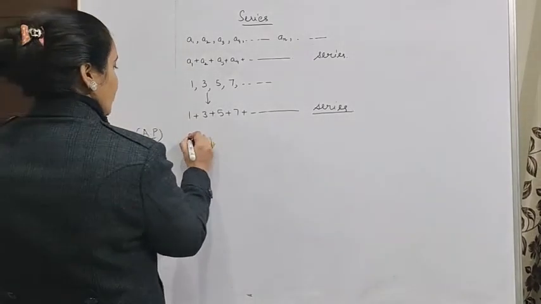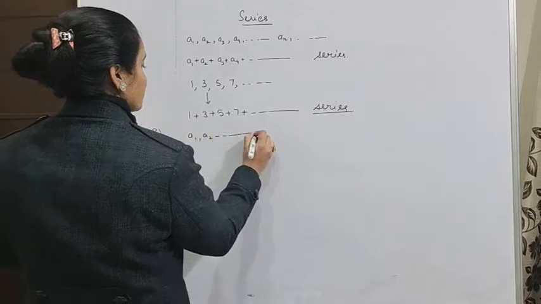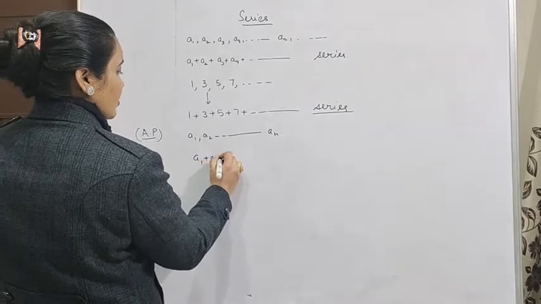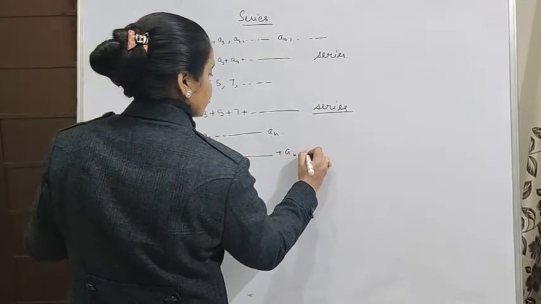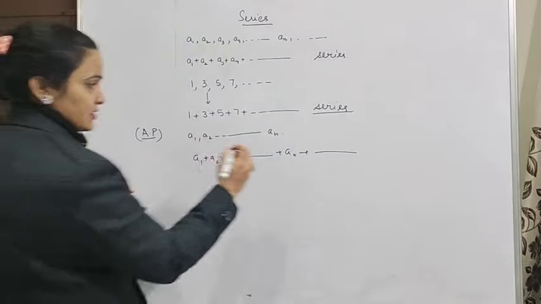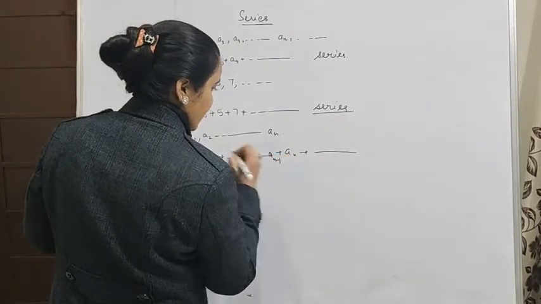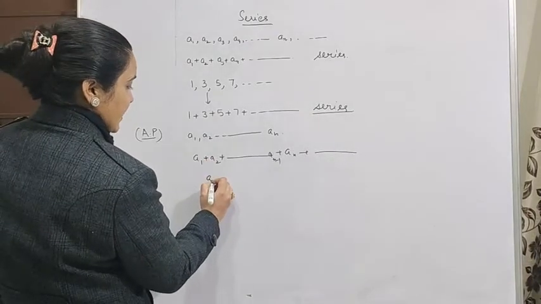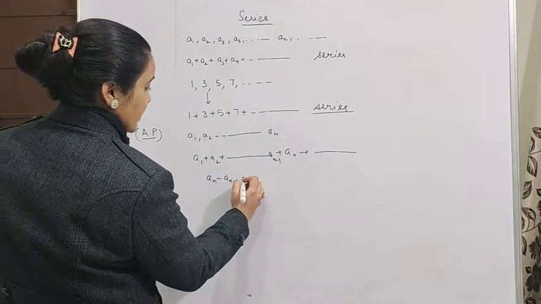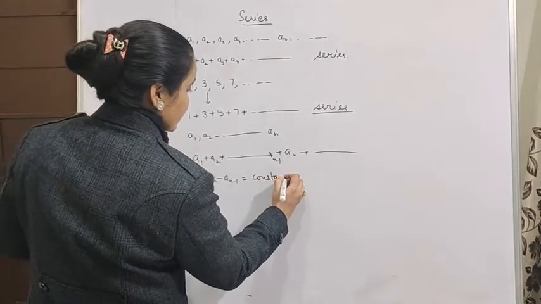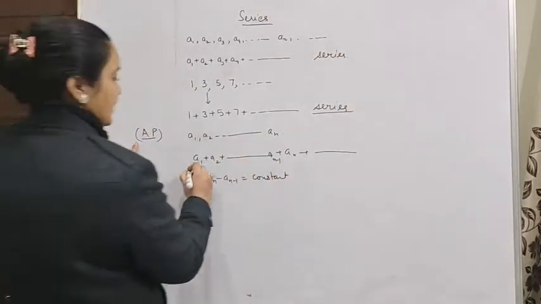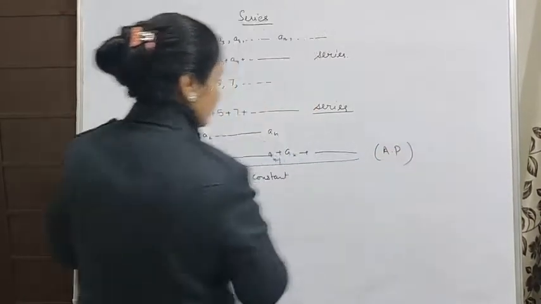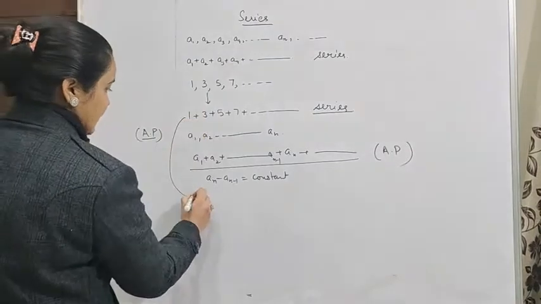If we have a sequence A1, A2 up to An and we connect them with a positive or negative sign, and if the difference of the terms, that is An minus An minus 1, remains constant, then we say that this series is in arithmetic progression. Clear?